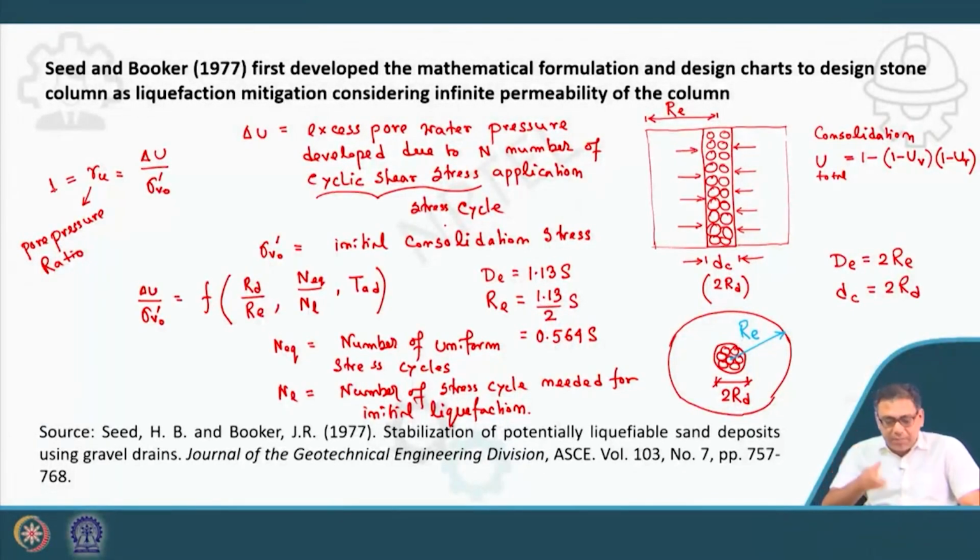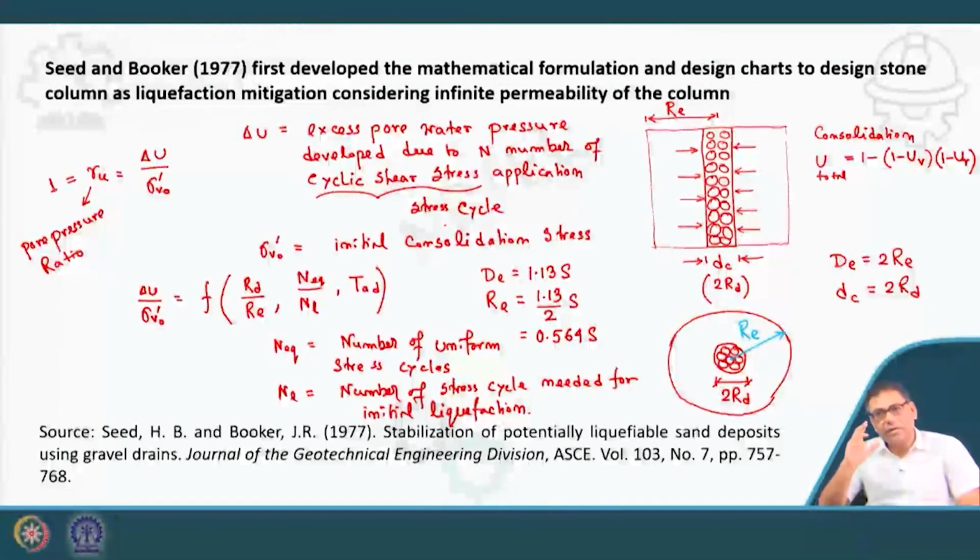Okay. So for example, if you design it for earthquake magnitude say 7.5, then your N equivalent will be 15, equivalent number of uniform stress cycle. So that is the case. So we will design, for example, where your initial liquefaction may occur at 7 or 8 cycle.